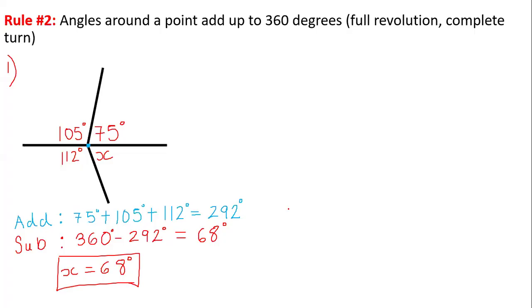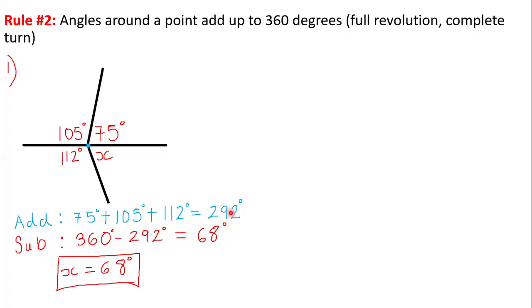Nalia, does this make sense? Yes, sir. Quickly explain to us how we got it. We add 112, 105, 175, and we get 292.